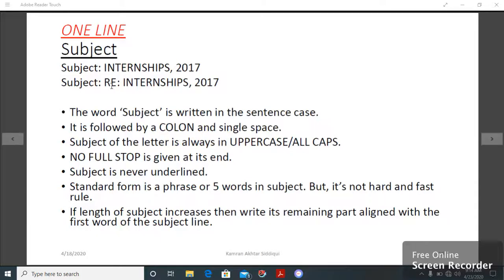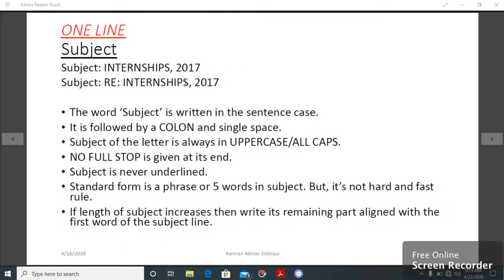One more thing that you need to be very careful about while writing a subject is that if the length of the subject increases, then write its remaining part aligned with the first word of the subject line. For example, the subject is internships announced in 2017. Now, let's say you wrote internships announced on the first line, but there is no more space to write the other words.